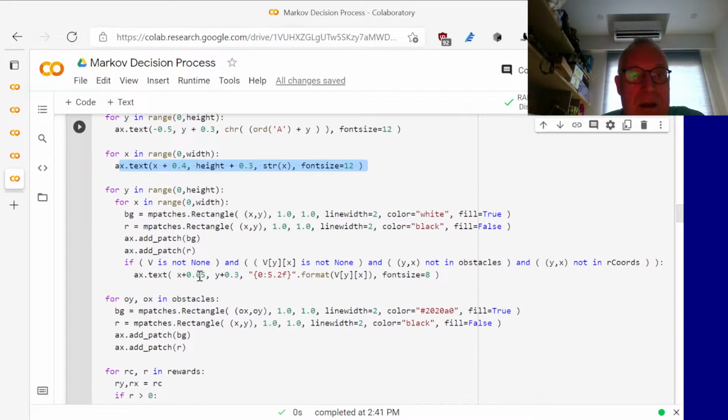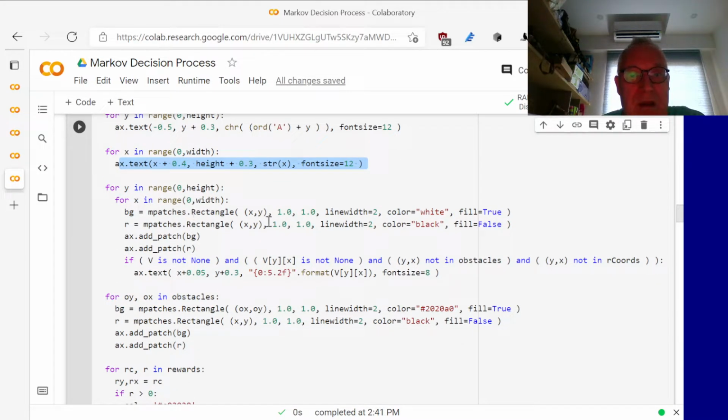And then plot either a white cell or a black cell.